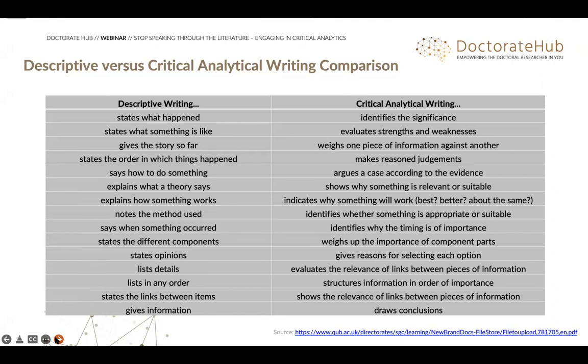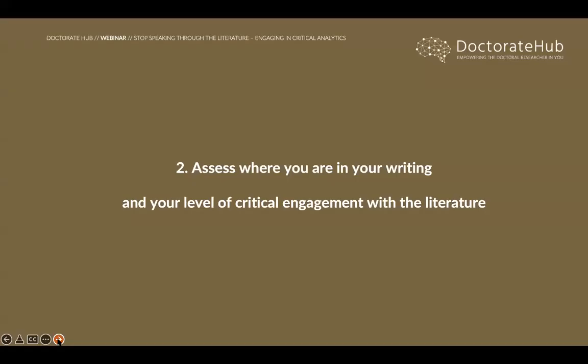So you identify units of analysis, and based on those units of analysis, you then start to evaluate the significance. So whenever you write quickly, that's a good indicator for being descriptive in nature. While whenever it feels painful, then the likelihood is great you're moving rather towards critical analytical writing.